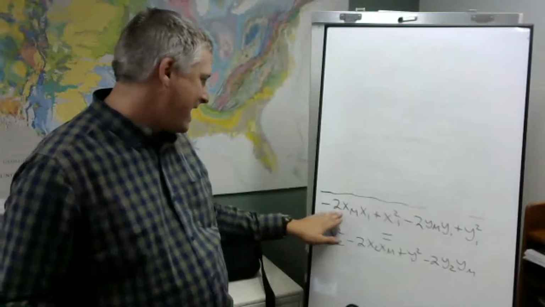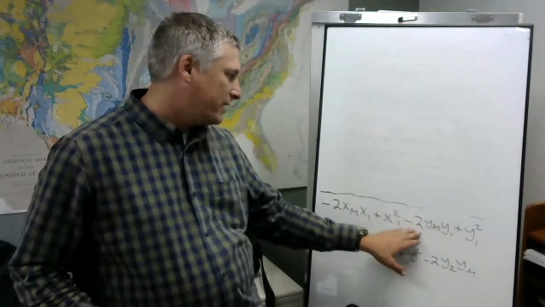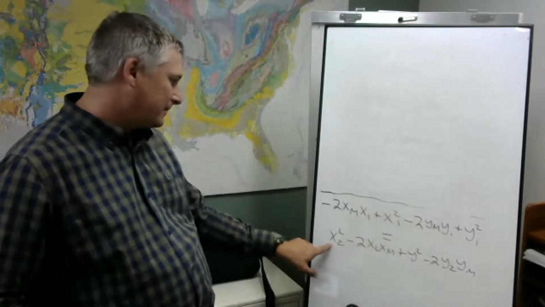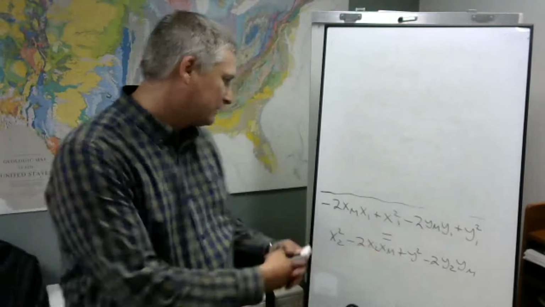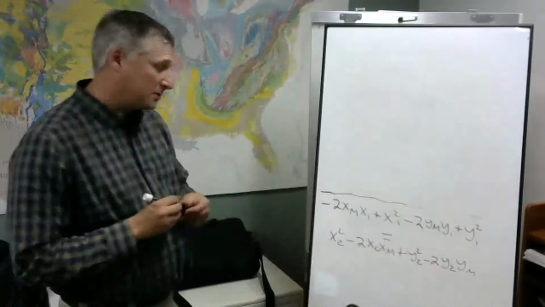So I'm going to add to xm x1, add to ym y1. And on this side, I'm going to subtract x squared 2, subtract y squared 2.